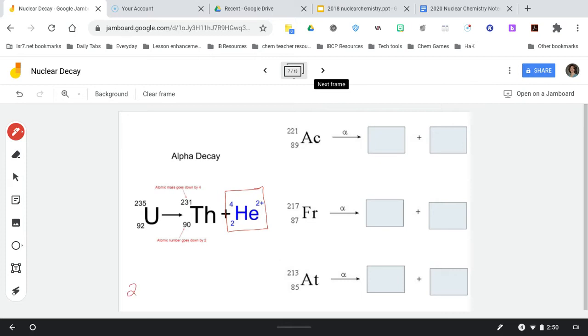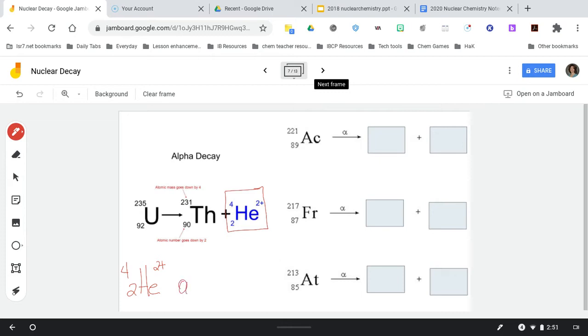That's what makes it helium. And that's how I know to use the helium element symbol. The mass number of this helium nucleus is 4. So this particle has 2 protons and 2 neutrons, but it has a positive charge, and that tells me it's had both its electrons removed. So it has lost 2 electrons.